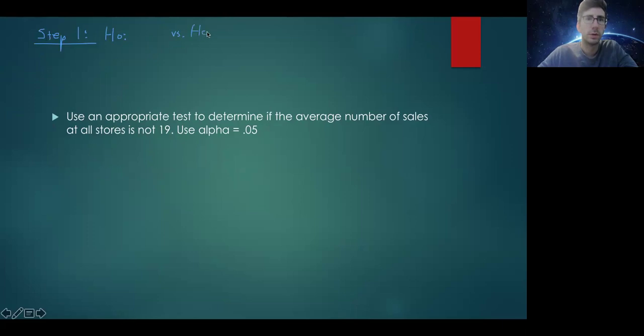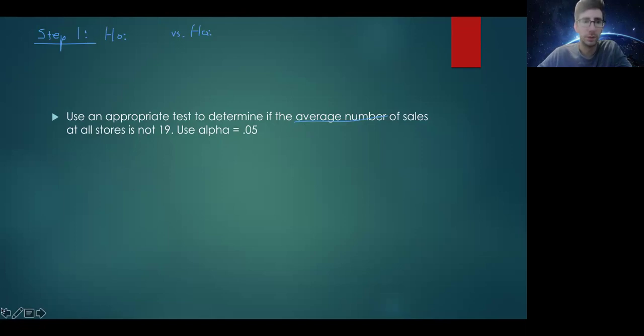And I've already mentioned that it is a test for a mean. But you can see in the question, we're pretty clearly asked if the average number of sales is not 19. That average number gives it away.